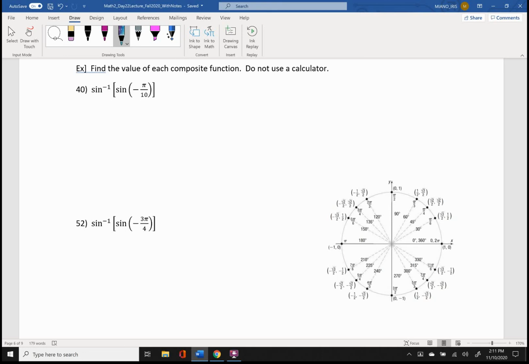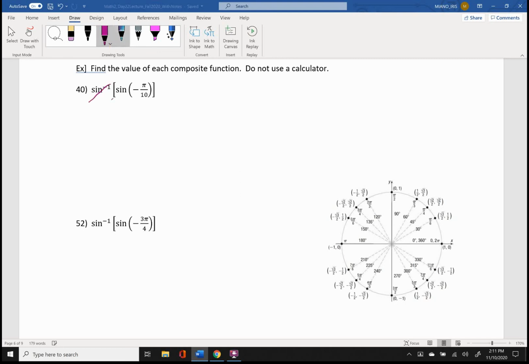So I know negative pi over 10 is going to be also within the confines of negative pi over 2. So it's within this range right here, right? Because the sine inverse range is between negative pi over 2 and pi over 2. If I'm not mistaken, double checking that right now. Indeed. Okay, good.